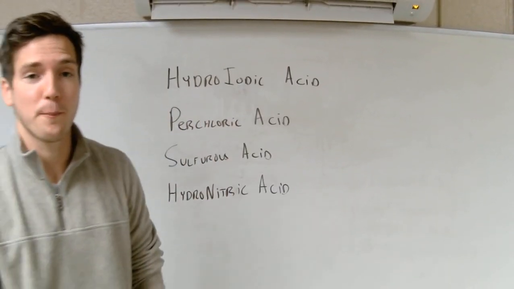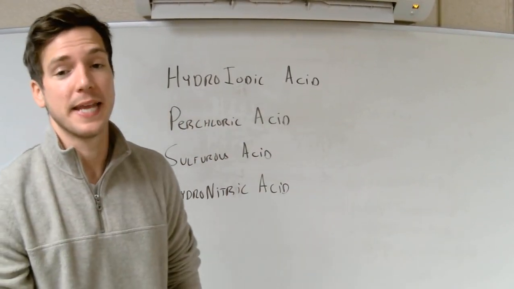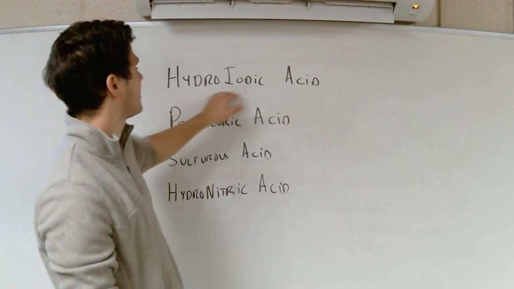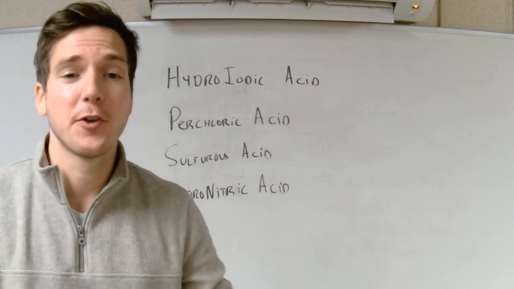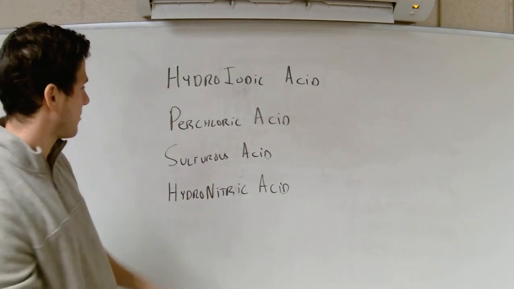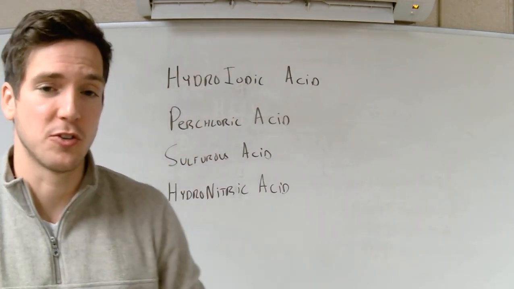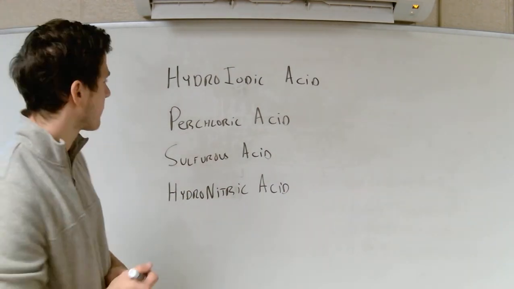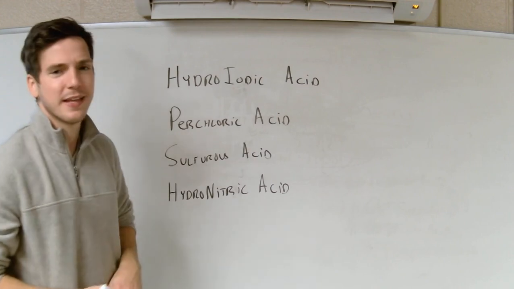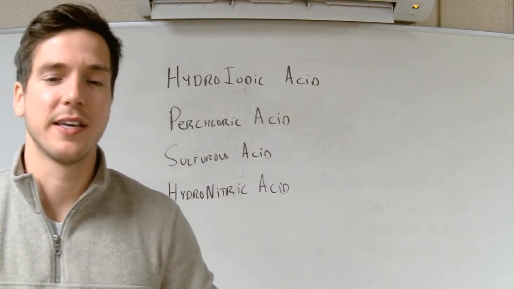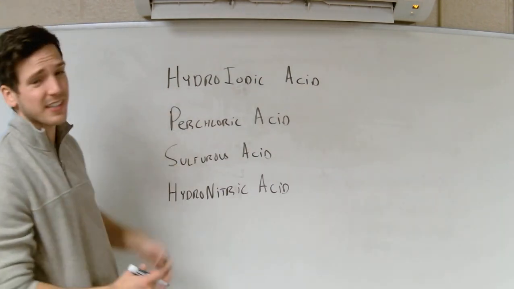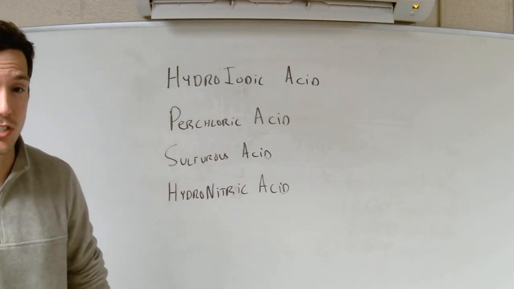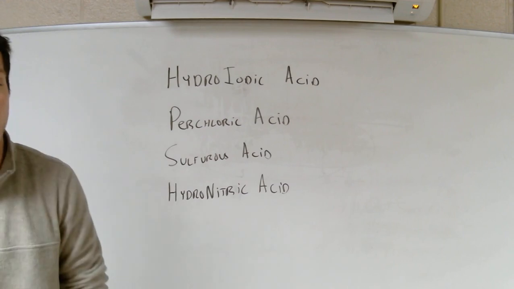Okay, let's do a couple examples where we go from name to formula. Alright, so now we're going backwards. First thing you gotta do is if you ever see acid in the name, you know you're gonna have something that starts with H. Acid is the dead giveaway that you are doing a formula that starts with H. So I look at the first one, and I see hydroiodic acid. I see hydro, and I say, okay, there is not going to be an oxygen in this formula.